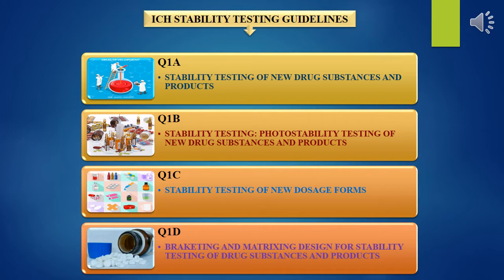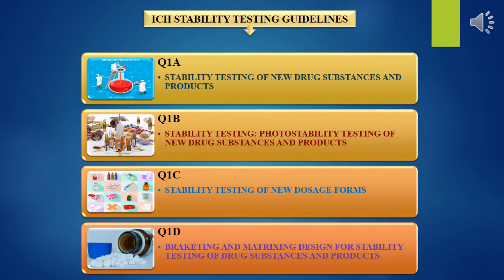Here, what are the guidelines meant for? Under quality, for stability there are 7 guidelines from Q1A to Q1F and Q5C, where Q1A is applied for stability testing of new drug substances and products. Q1B is for photostability testing of those drug substances and products.